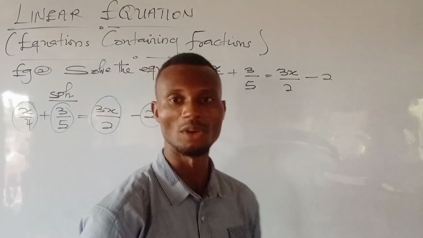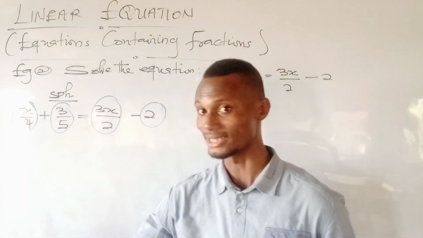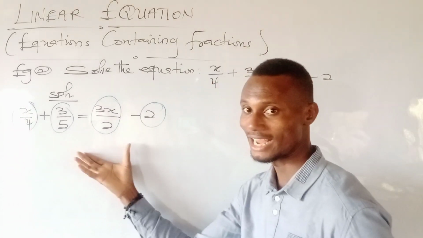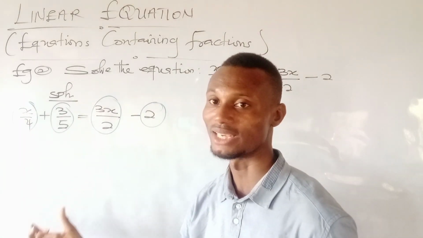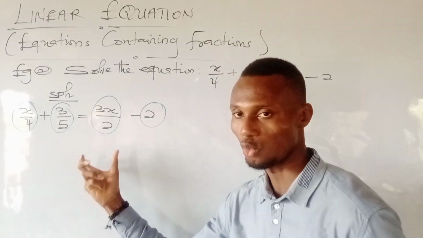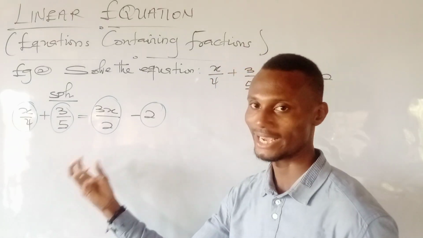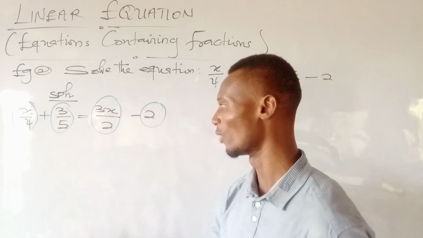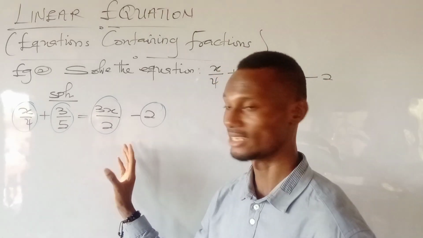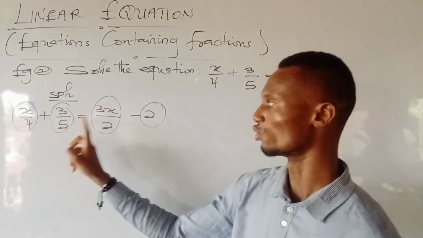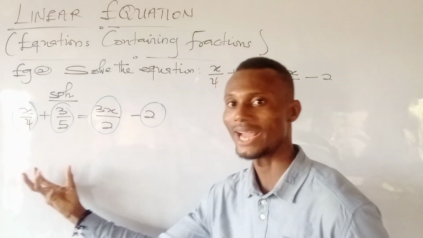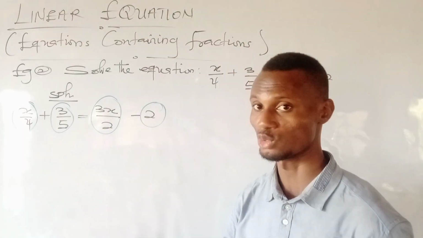So we multiply through by the LCM, which is 20, meaning each term in the equation you multiply by the LCM. We have 4 terms in this equation, 1, 2, 3, 4. So we multiply each term by the LCM, which is the 20.